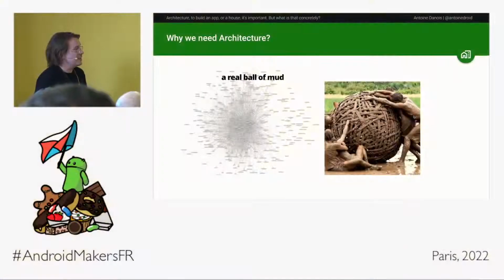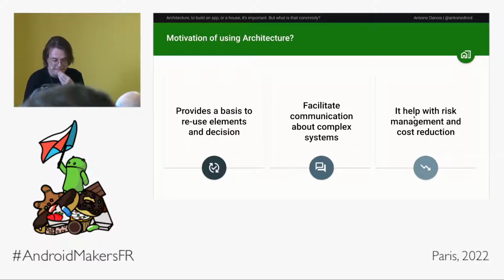We are still finding stuff. Now we have nice architectures with arches, and we can go inside buildings, etc. So it's kind of the same. So yeah, we really need architecture for that. And yeah, the motivations.